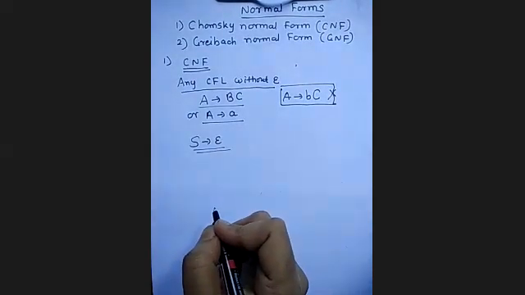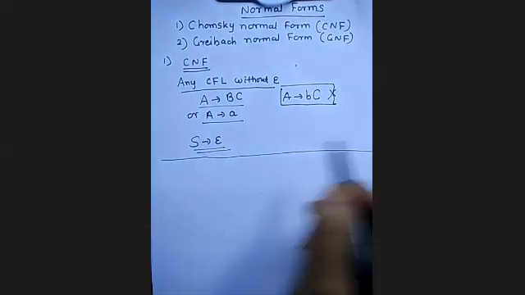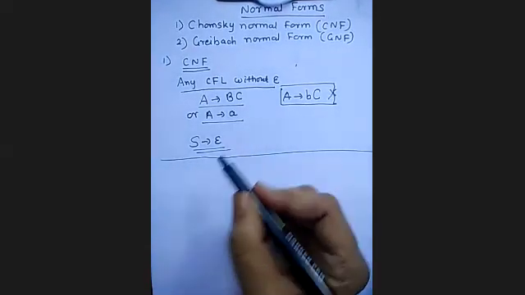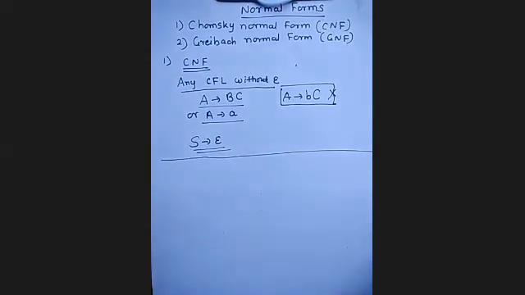So let us consider an example. Now we have to check whether it is in CNF. If it is not in CNF, you have to convert it to CNF. So here the question may be: convert the following CFG to CNF.